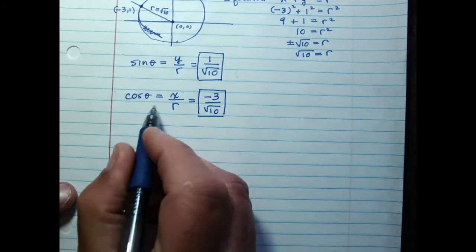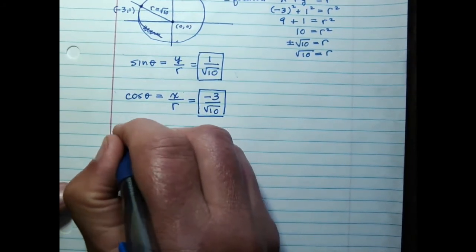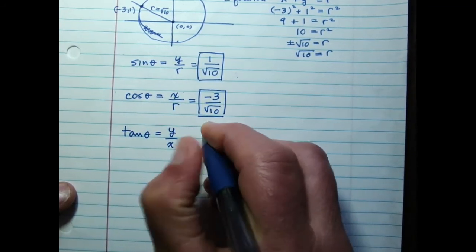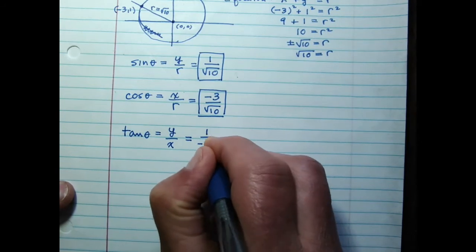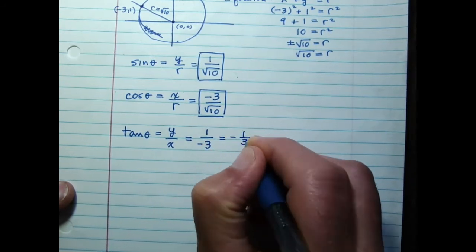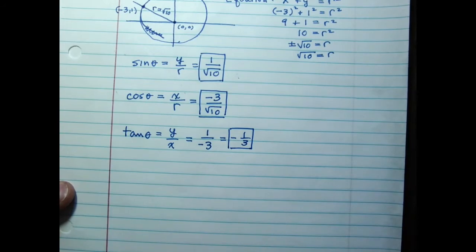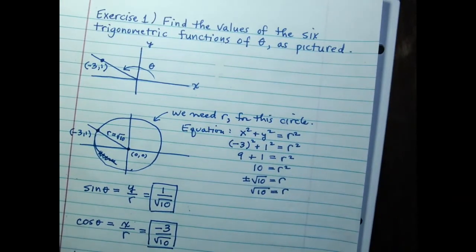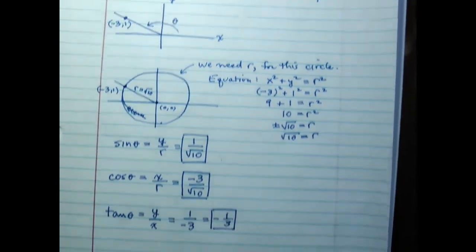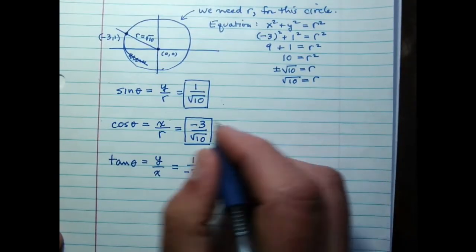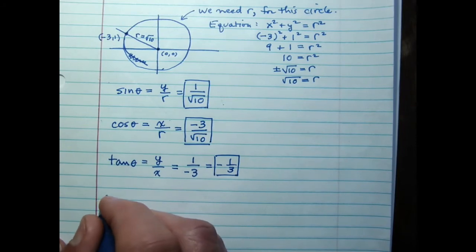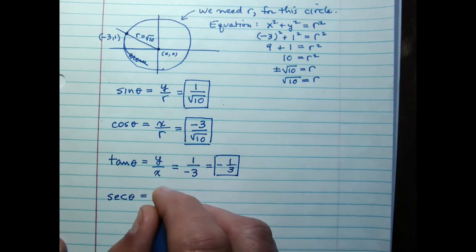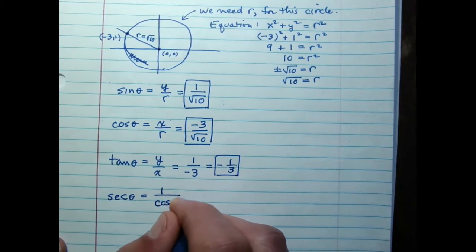And now I'm basically just going to plug into the formulas that we have, okay? So sine of this angle, sine of theta, is equal to y over r. The y coordinate is 1. The r value is square root of 10. Here's the sine of that angle. Cosine of theta is x over r.